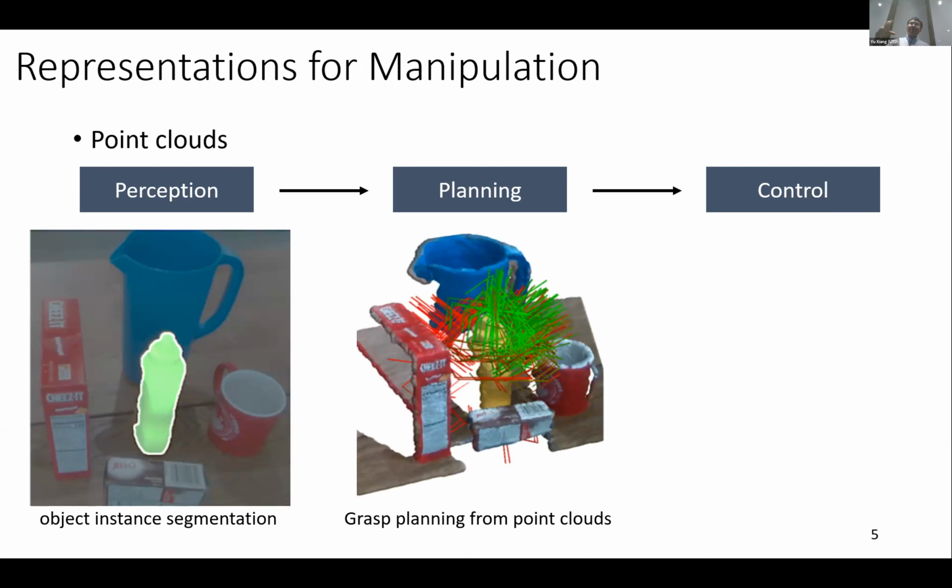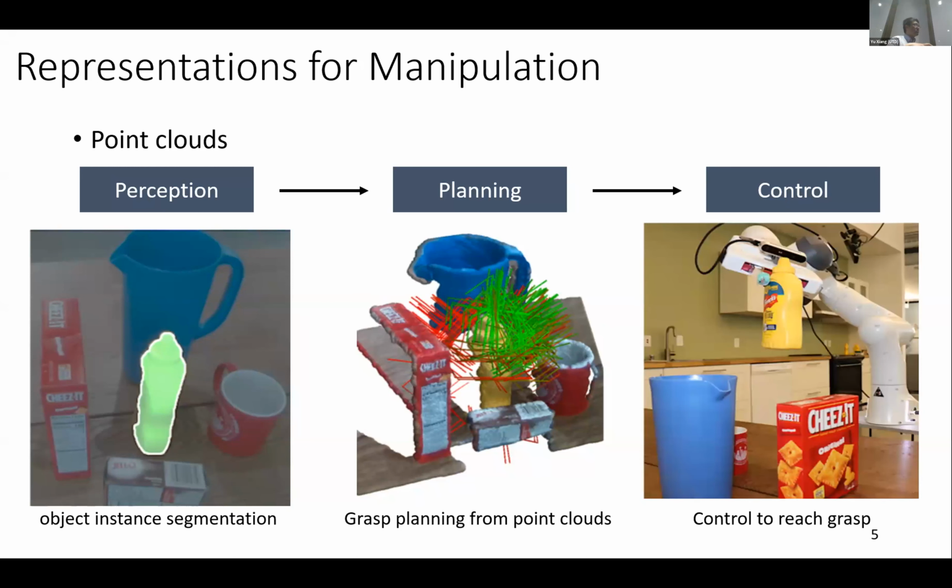In this figure, the green boxes indicate the planned grasps which are collision-free, and the red boxes are grasps that are in collision with other objects. Given these planned grasps, we can plan a motion trajectory to reach one of the grasps, and then in control, control the robot to follow the trajectory and grasp the objects. So in this case, the representation is point clouds of objects.